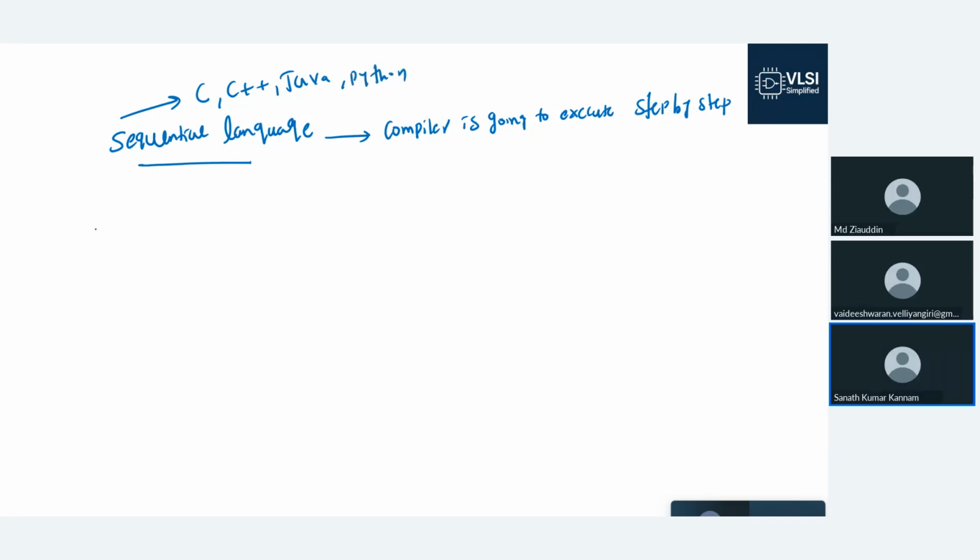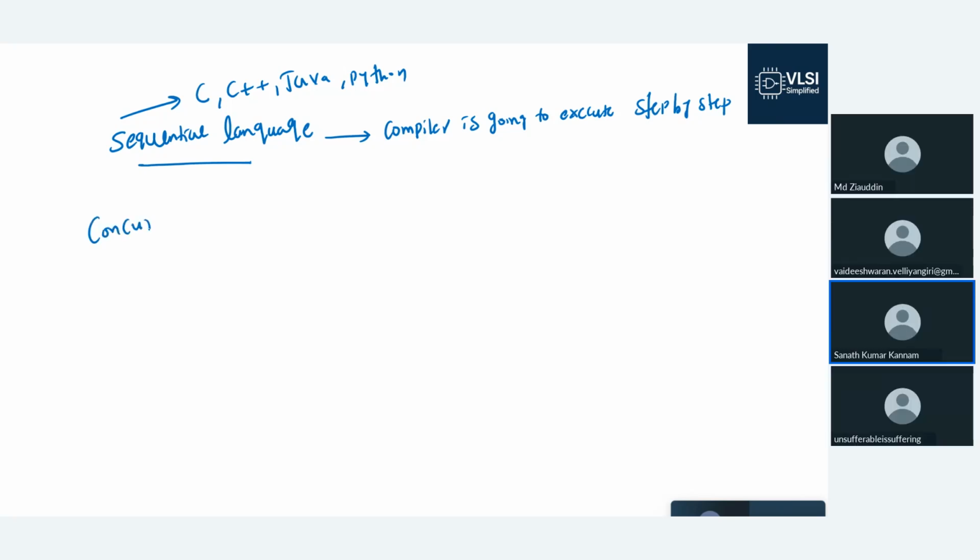Concurrent languages do parallel execution.